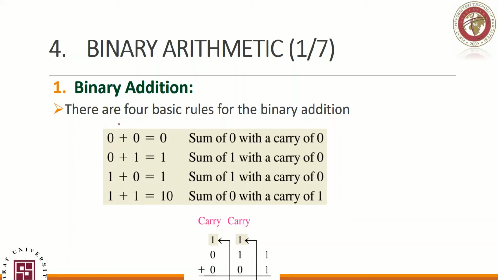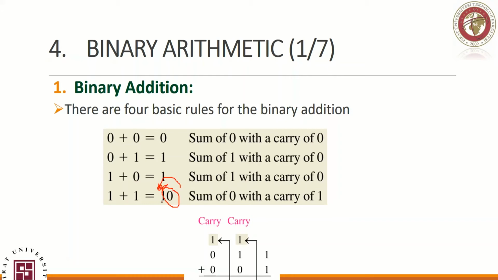We have 4 rules for binary addition. 0 plus 0 is 0, and there is no carry. 0 plus 1 is 1. This is the sum, the result, and the carry is 0. 1 plus 0 is 1, and the carry is also 0. 1 plus 1 is 1 0, or you can say 0 with 1 carried.